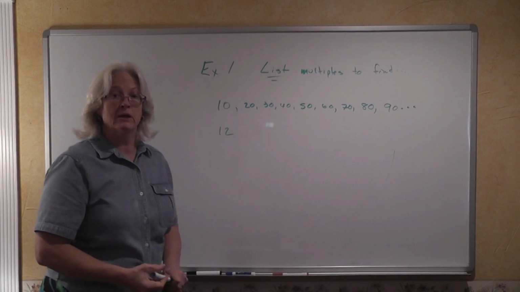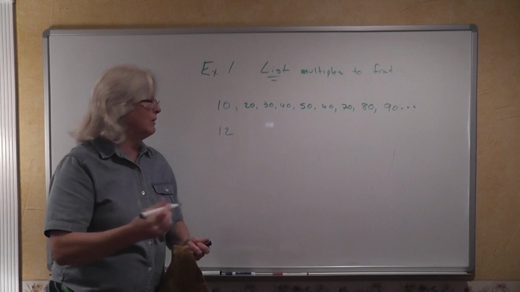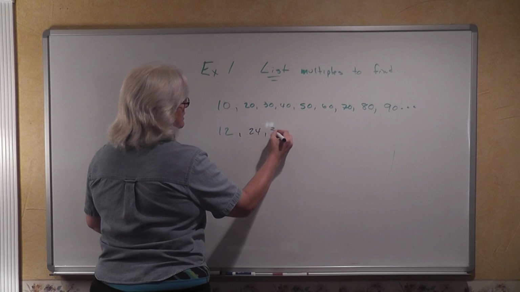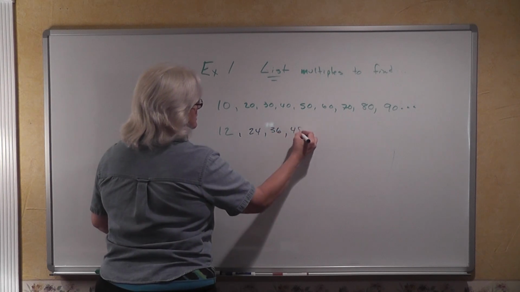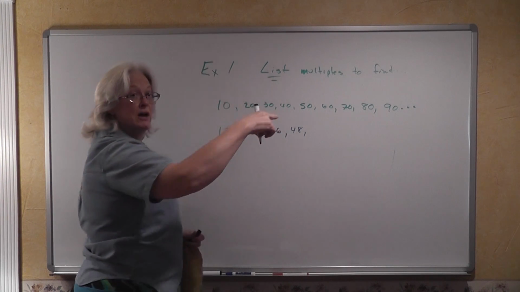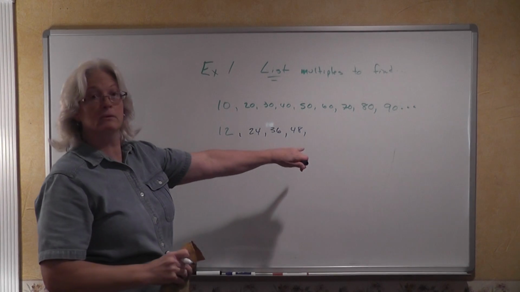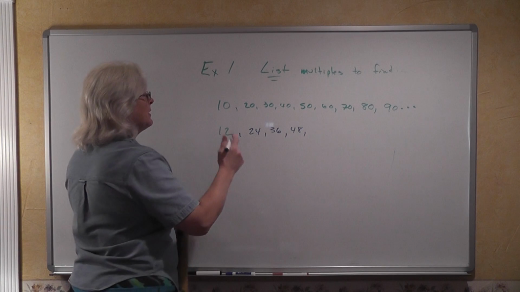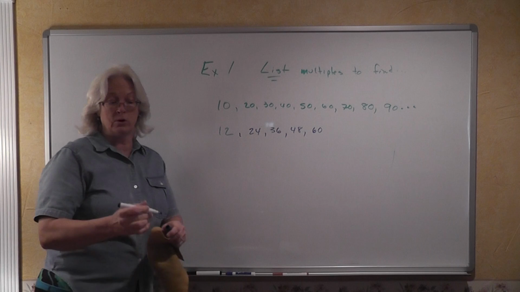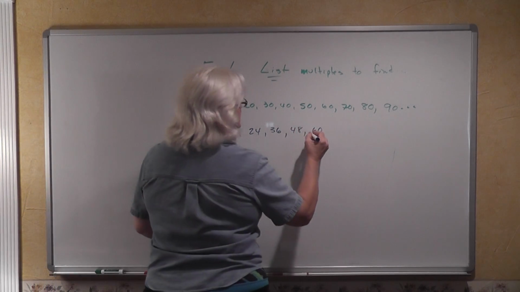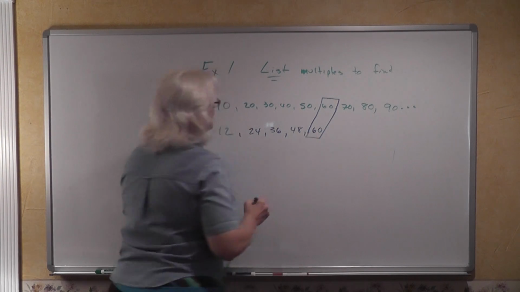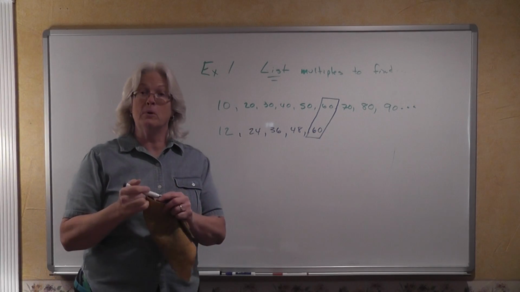Now, what are the multiples of 12? 2 times 12 is 24, 3 times 12 is 36, 4 times 12 is 48. Do we have any common multiples yet? No, because they all ended in a non-zero digit. But our next one right here, we now have a multiple of 10. So 60 is both a multiple of 10 and a multiple of 12.